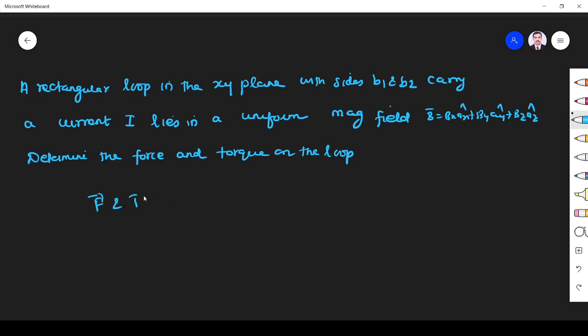Where is the loop kept? The loop is kept in the xy plane.